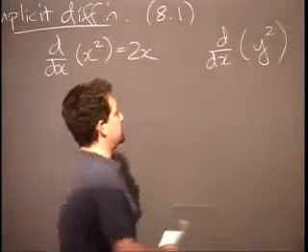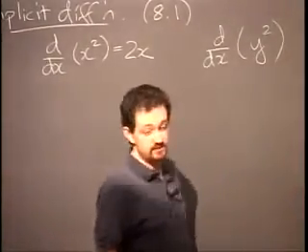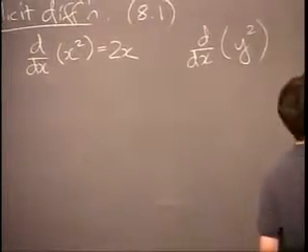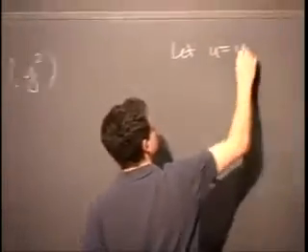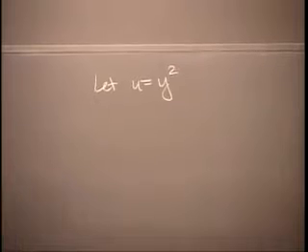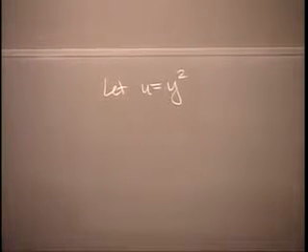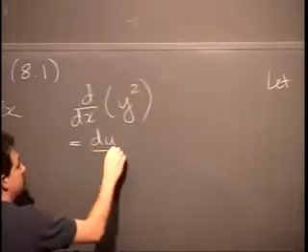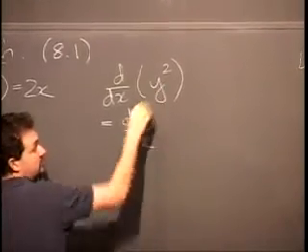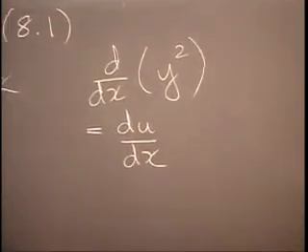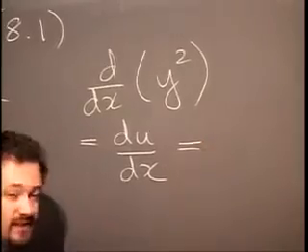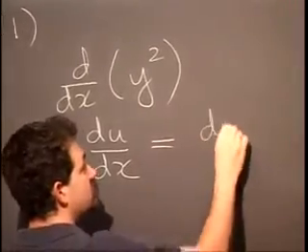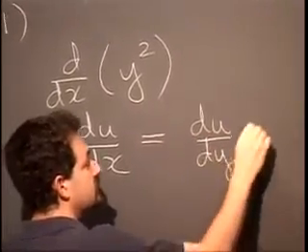And it will turn out, well, actually, let's not even say turn out, we'll just do it. Let u equal y squared. So this is actually equal to du dx, because after all, u is y squared. Now by the chain rule, in slightly different letters, this is the same as du dy, dy dx.